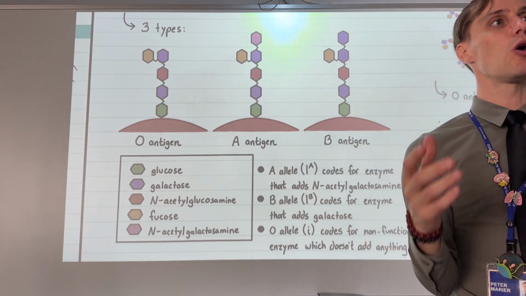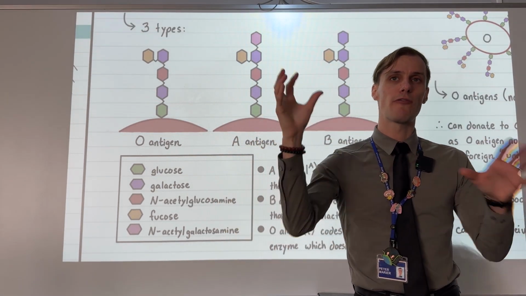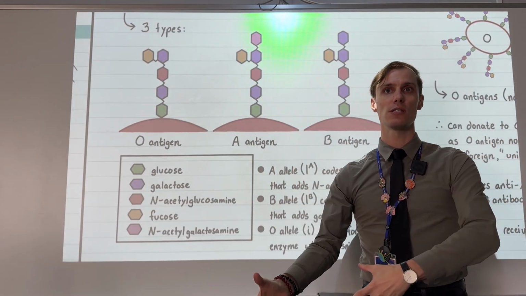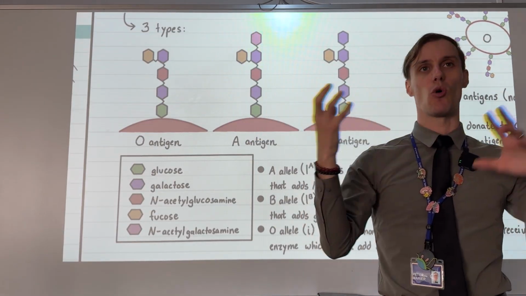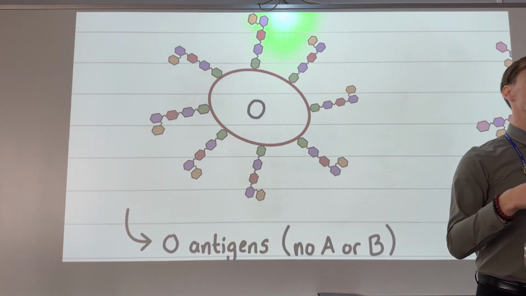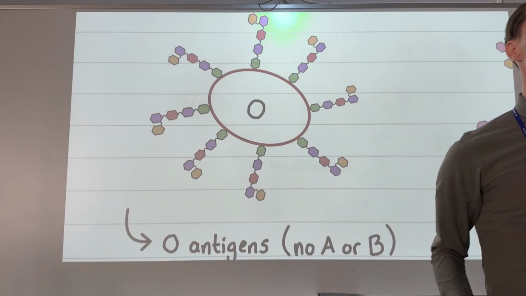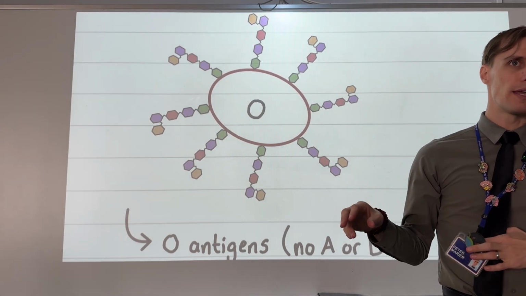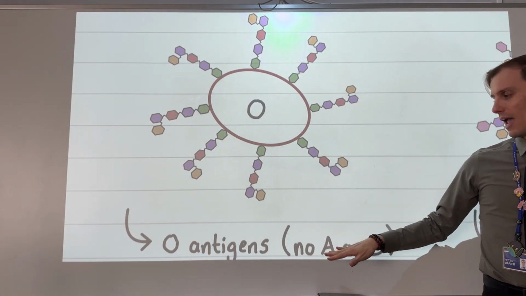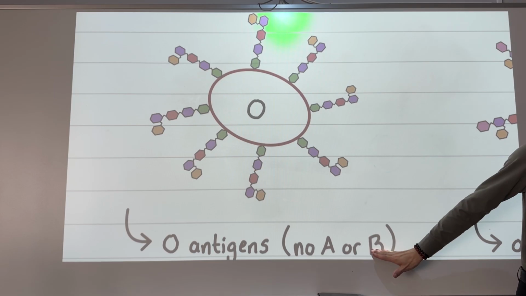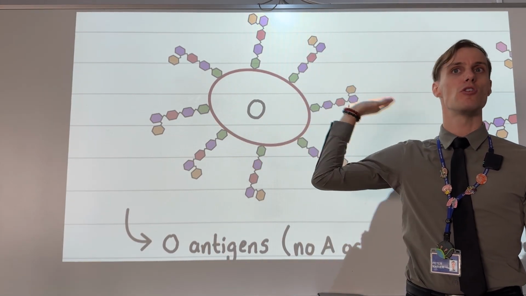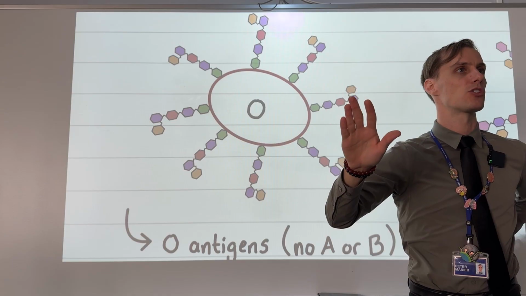Now, let's explore how different combinations allow for blood donations and blood recipients and how this whole system works. If you are blood type O, then that implies that you have O antigens, but more importantly, it means that you lack A and B glycoproteins. So you have no A glycoproteins, you have no B glycoproteins on the surface.